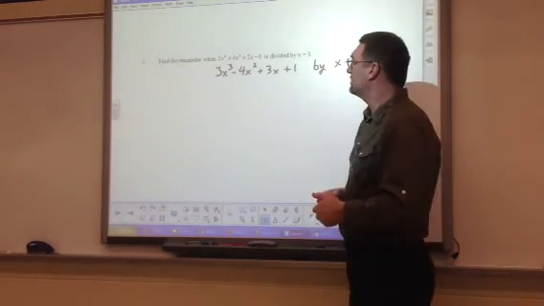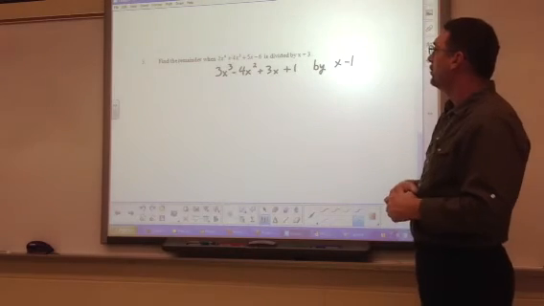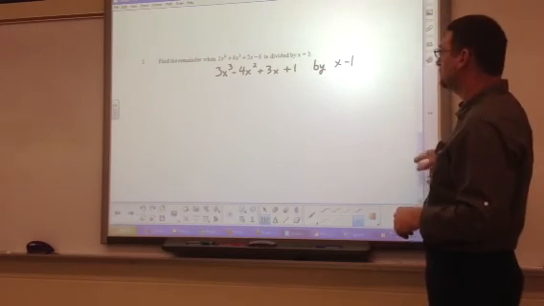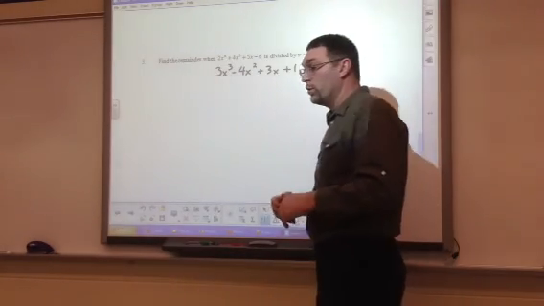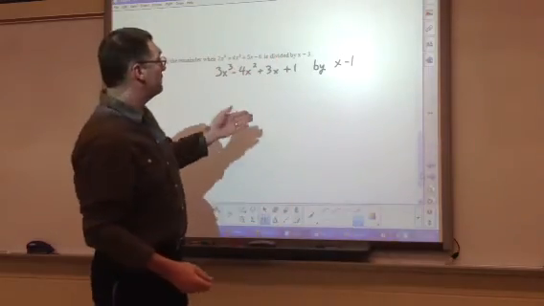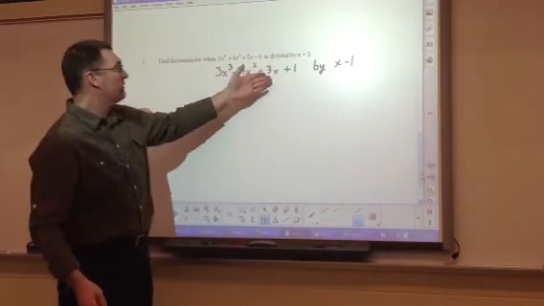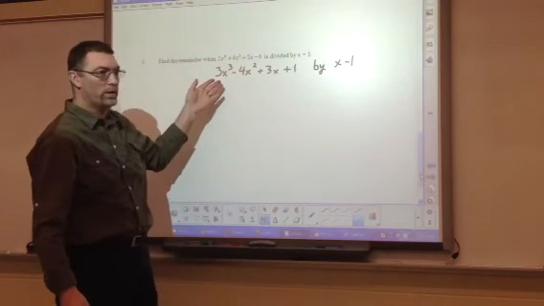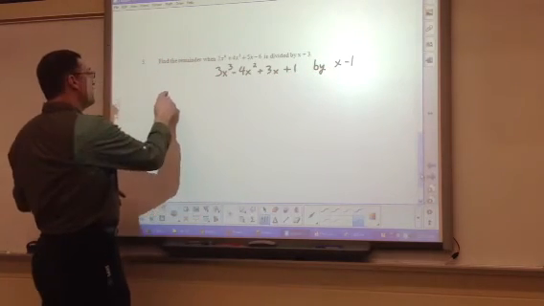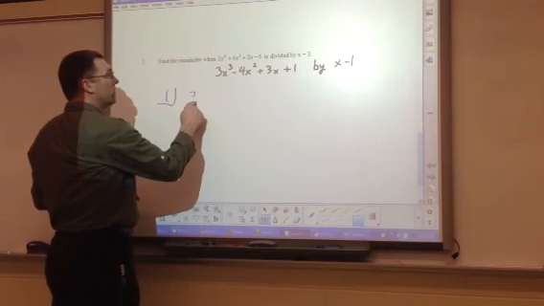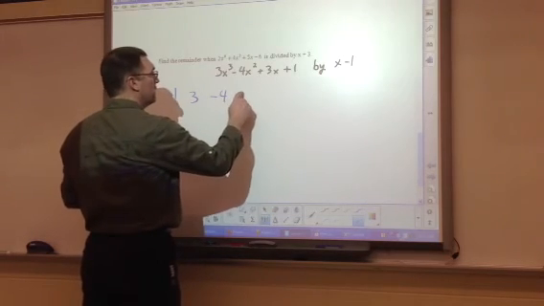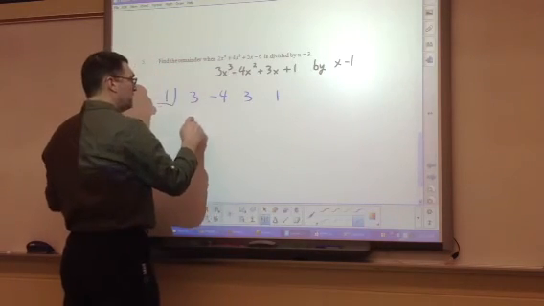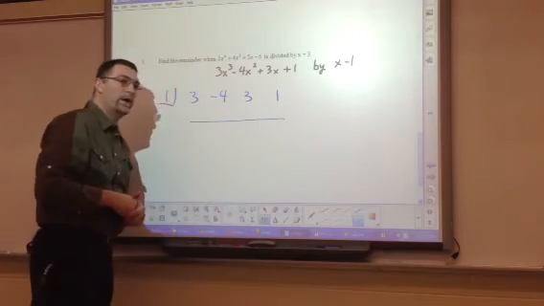We have another one that says find the remainder when this is divided by x minus 1. When you're finding the remainder, you could plug the number in for x. Since it's x minus 1, it'd be really easy to plug 1 in there. Or you could even use synthetic division, which goes pretty quick.